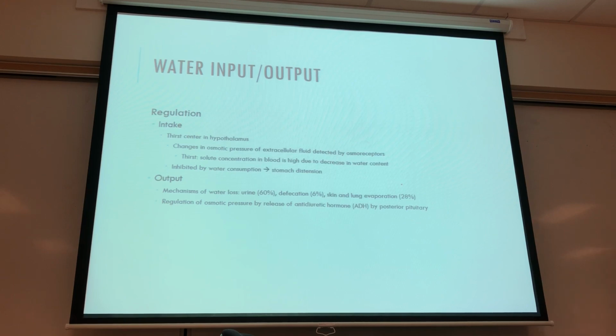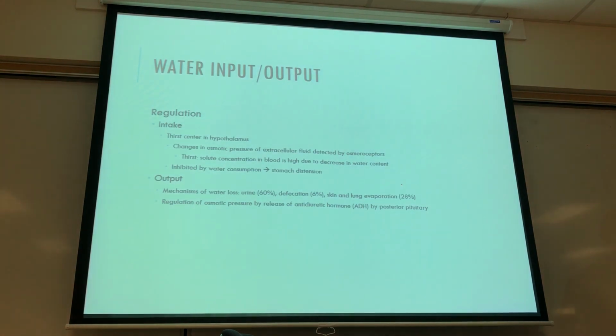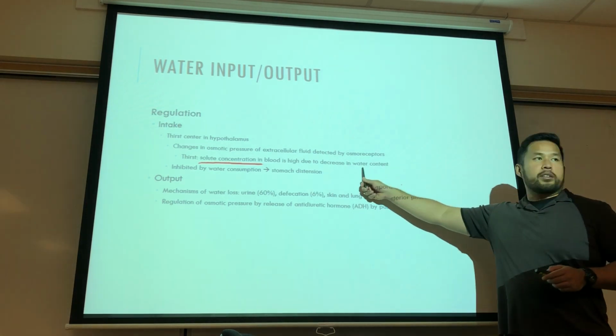In the thirst center in the hypothalamus, we do have osmoreceptors that will sense the osmotic pressures exerted within the fluid that flows through, and that osmotic pressure, again, is due to the solute concentration.